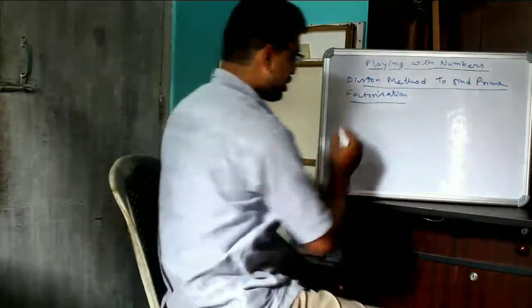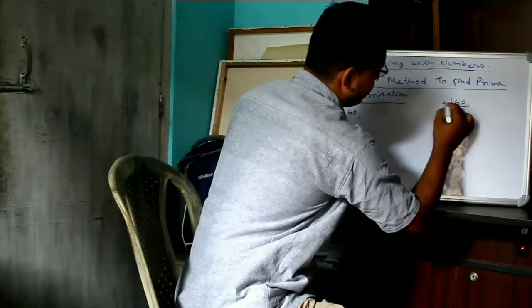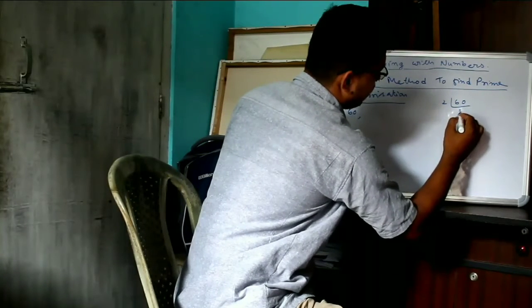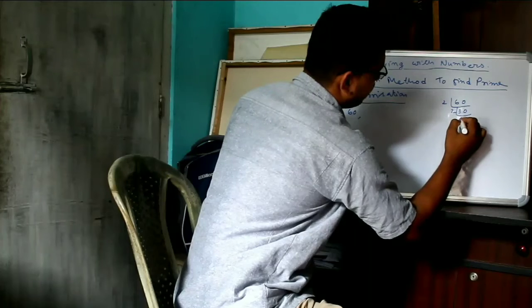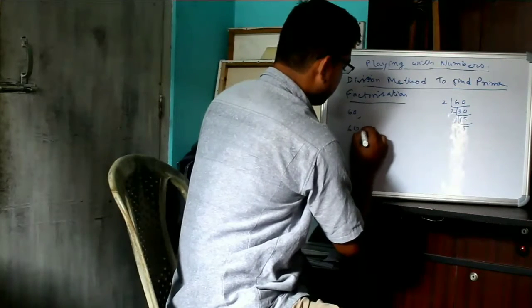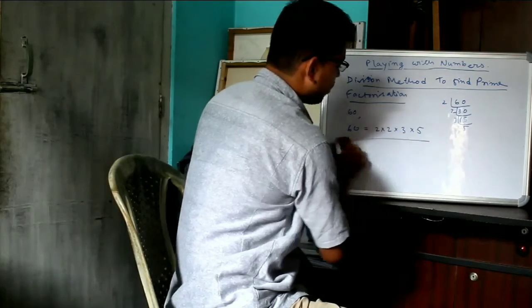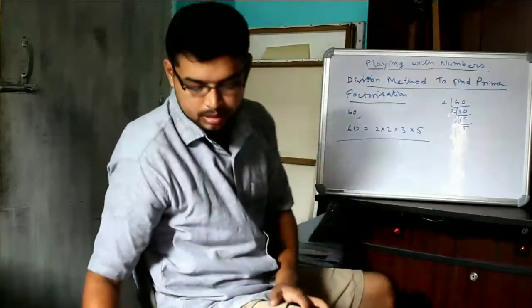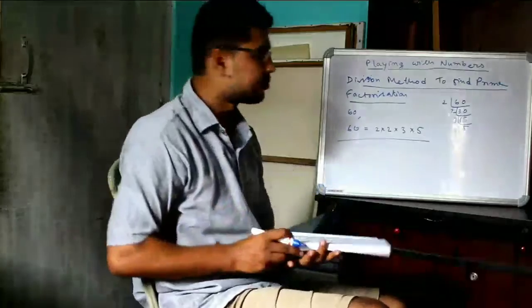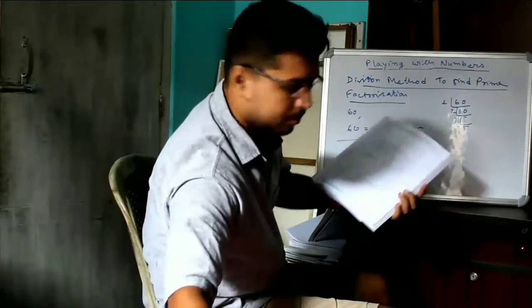Let us take 60. 60 divided by 2 is 30, divided by 2 is 15, divided by 3 is 5. So 60 equals 2 into 2 into 3 into 5. This is the prime factorization by the division method. Understand?